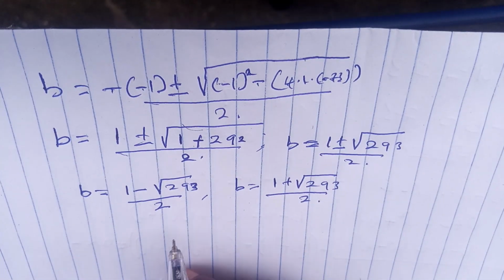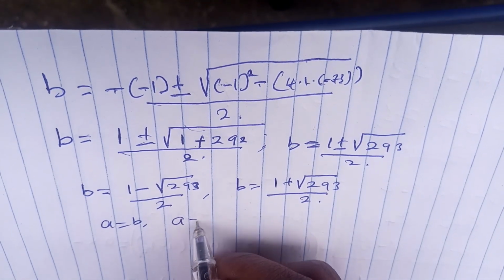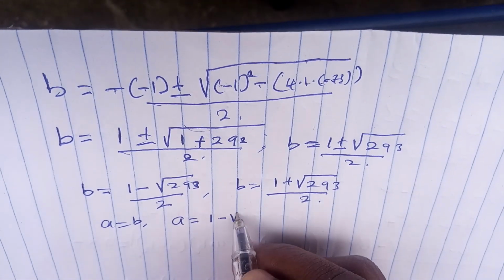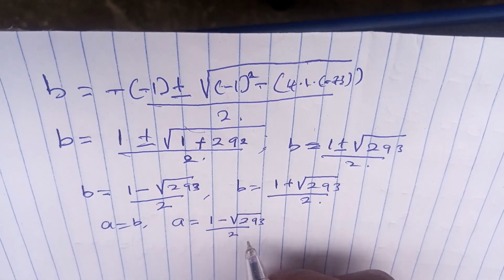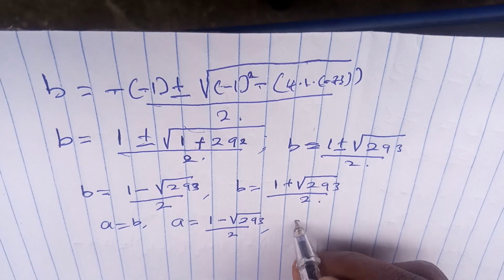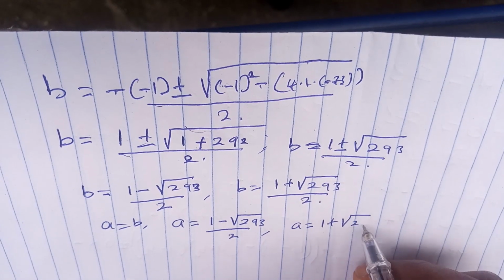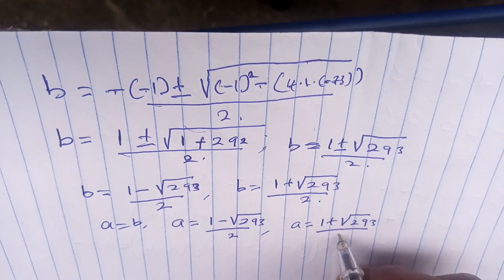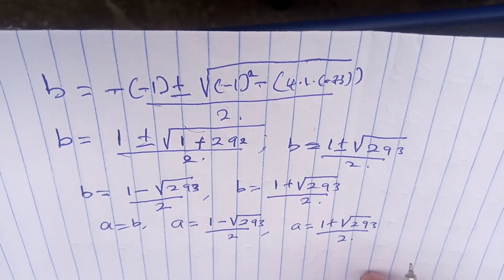Okay, since we've gotten this, therefore we can say a is equals to b. Therefore our a is also equals to 1 minus root of 293 divided by 2, and a is also equals to 1 plus root of 293 divided by 2. So this is our first value for a and b.